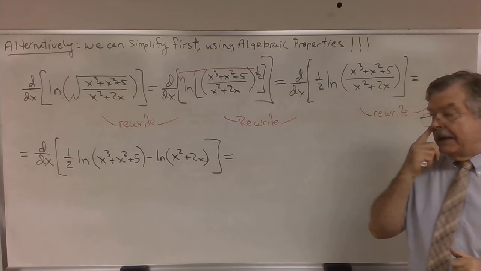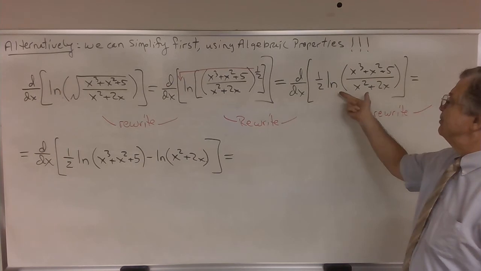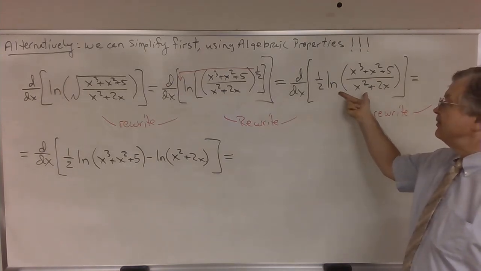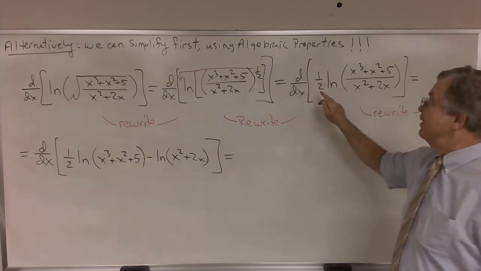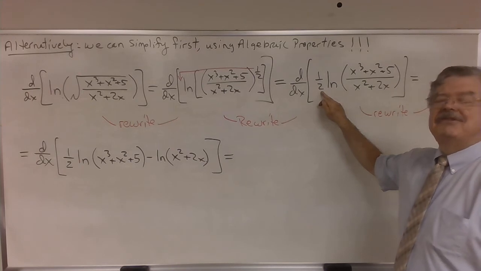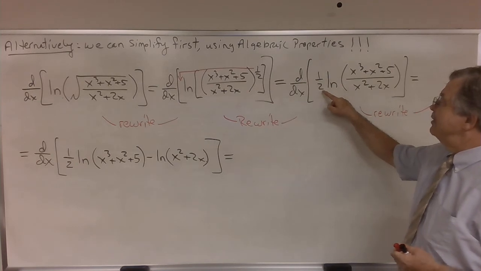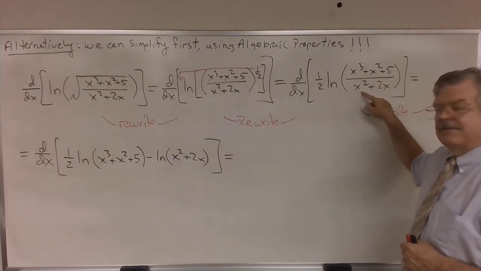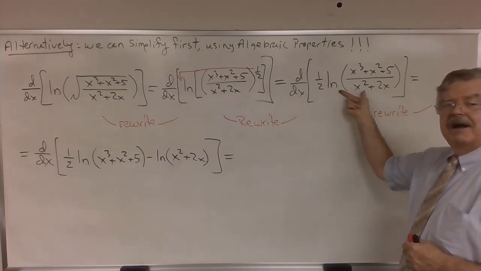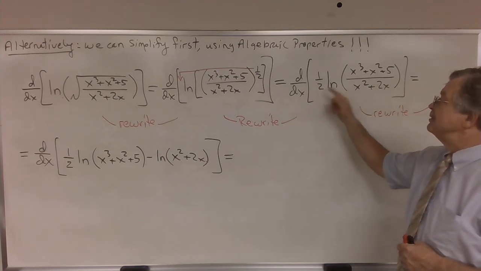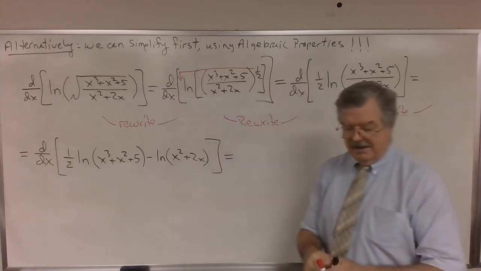Now there's one thing I do need to take care of. This 1/2 multiplies the natural logarithm function. So when I split this logarithm into the difference of two logarithms, this 1/2 should multiply the entire difference of the logarithms.